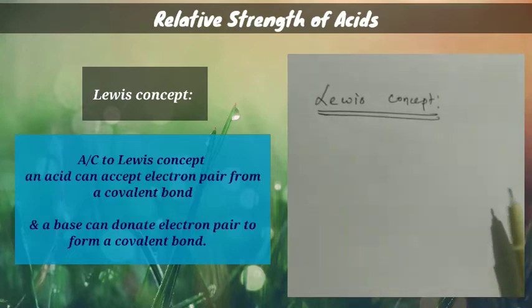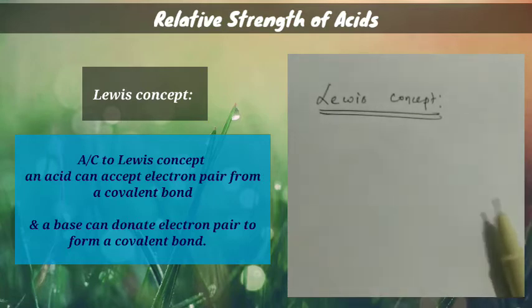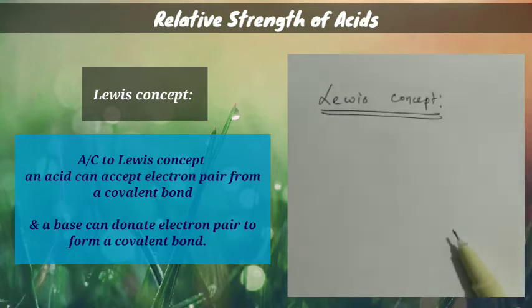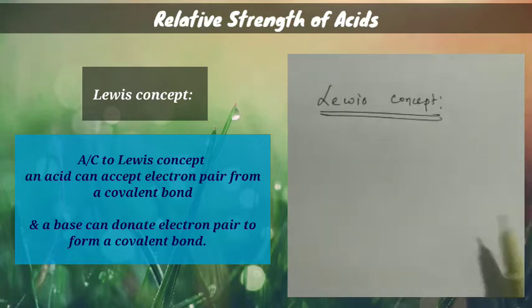In 1923, a scientist named G.N. Lewis introduced a general concept of acid and base.